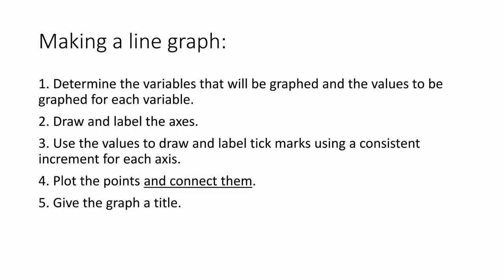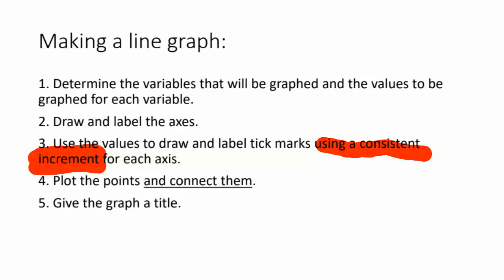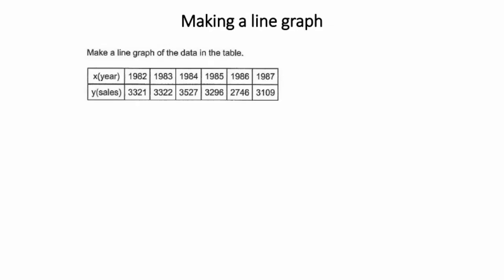Use the values to draw and label tick marks. Now this is most important to you, using consistent increments. And then plot, and they're asking you to connect them. And don't forget, give your graph a title. Now, here we go. This is saying make a line graph.